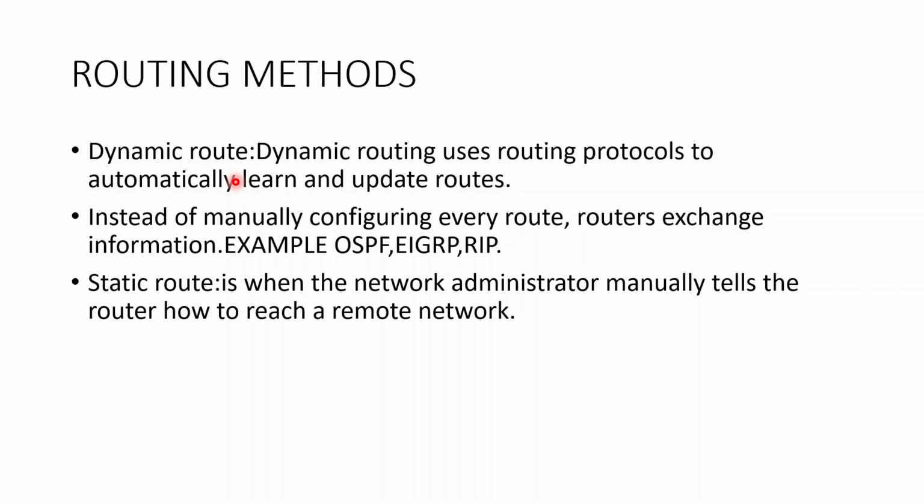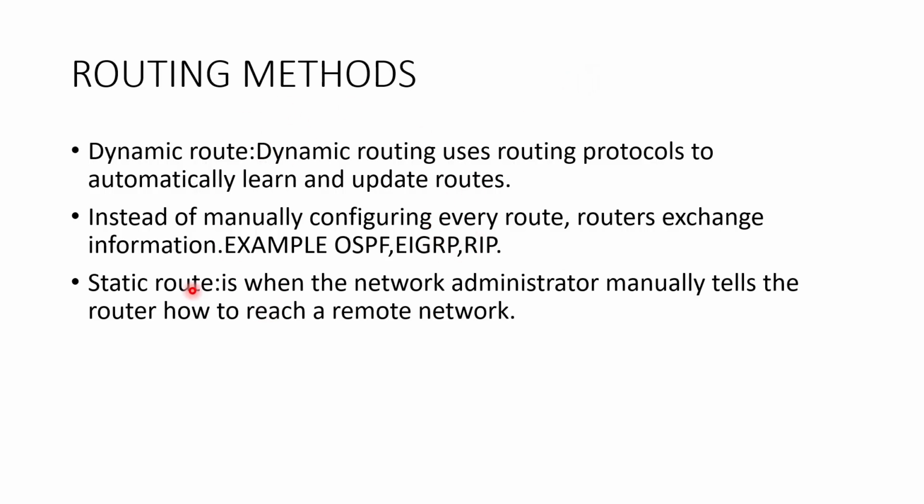So instead ya kwenda kuconfigure manually kwenye kila router na exchange the information, these routers are going to do it themselves automatically. Zinakwenda ku send the advertisement message, and they are going to adjust and learn their routing automatically.